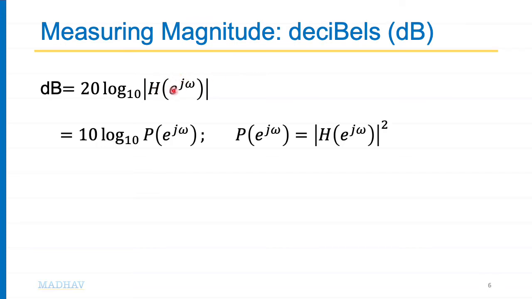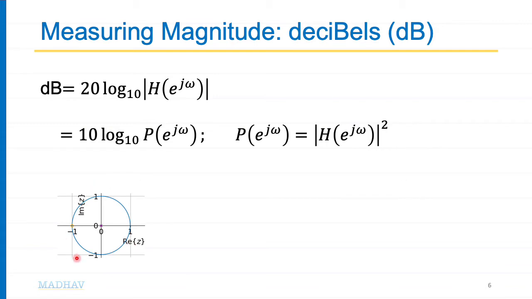If you write it in terms of power, power is the magnitude square of H(e^{jω}). So this is the amplitude and this is the power. Take the 2 here, since 2 log something is log something to the power 2, and the whole thing is exactly the same, just 10 log power.